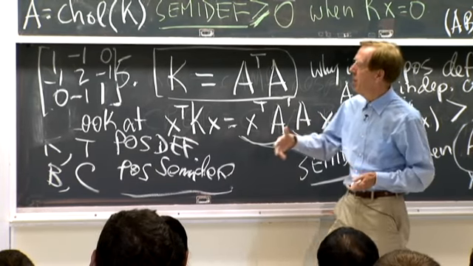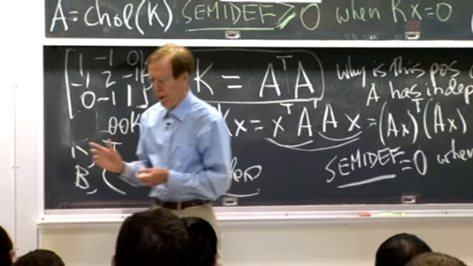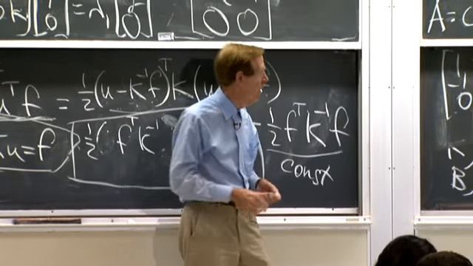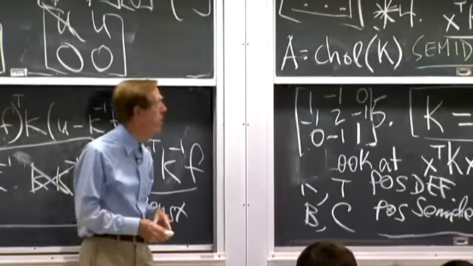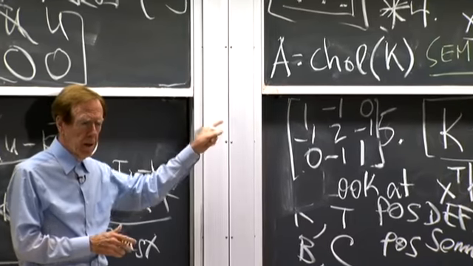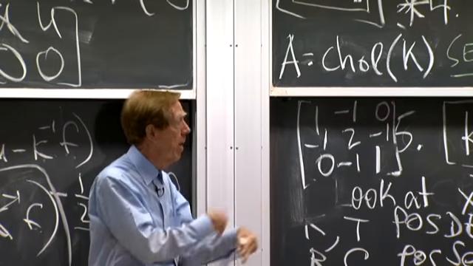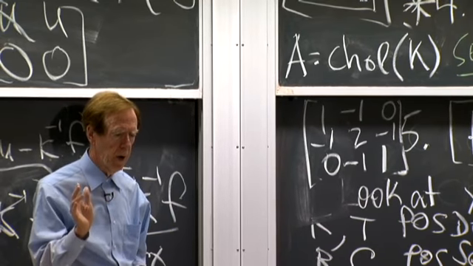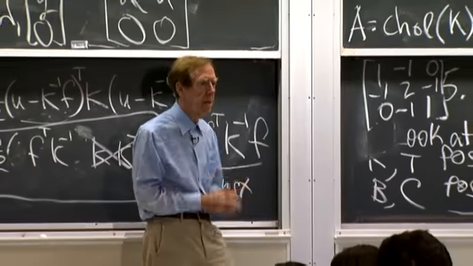So this command is very close to the LU, but it's the appropriate symmetrized version of elimination when you have a positive definite symmetric matrix. If your matrix is not positive definite, MATLAB will tell you so. It produces one particular A. There are many A's that would work, but there's one particular upper triangular one. It's related to the usual U.